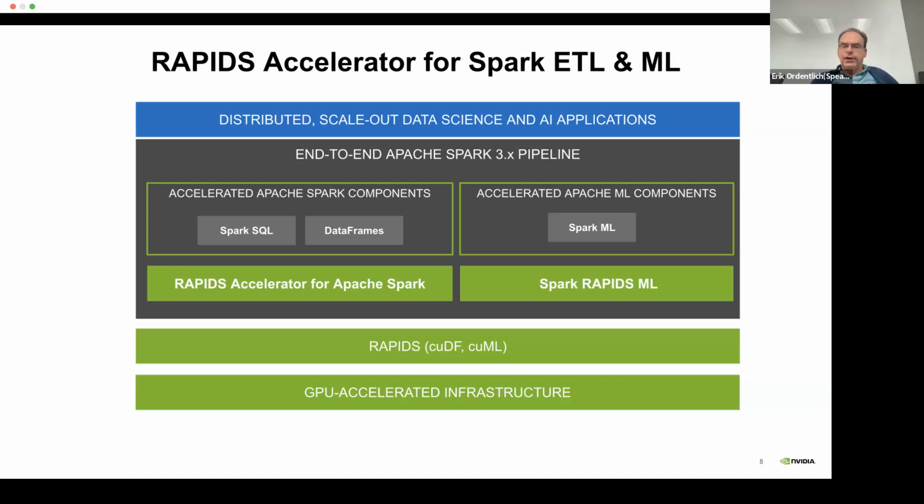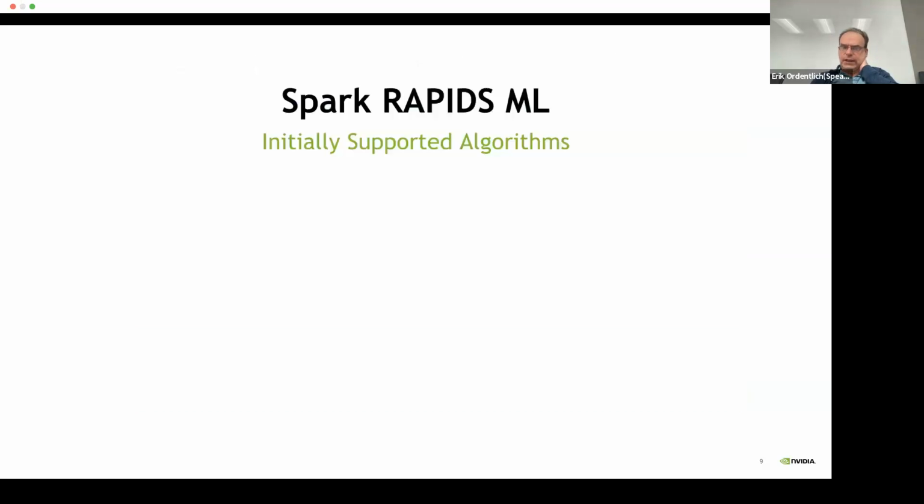And of course, sitting under all of this is NVIDIA's GPU accelerated infrastructure and the whole CUDA stack, enabling leveraging all of that. So that's the combined picture at this point.